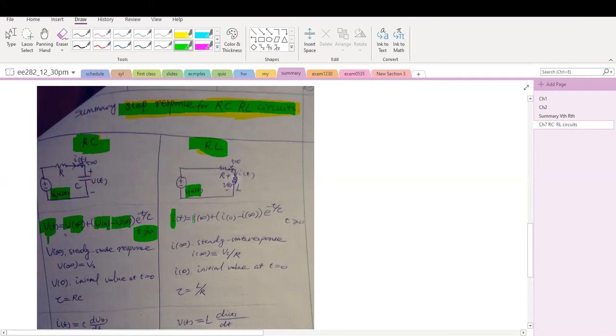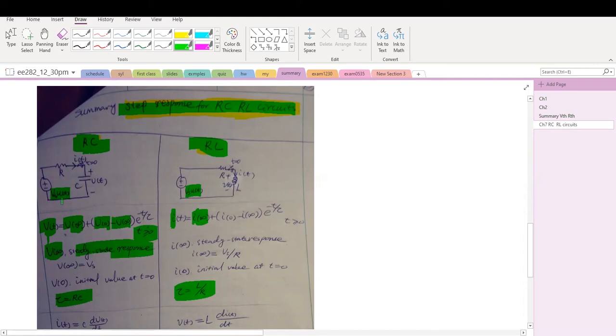So i of t equals I infinity plus (I0 minus I infinity) multiplied by e to the power minus t divided by tau. Tau for the RC circuit equals RC, and for the RL circuit equals L divided by R.